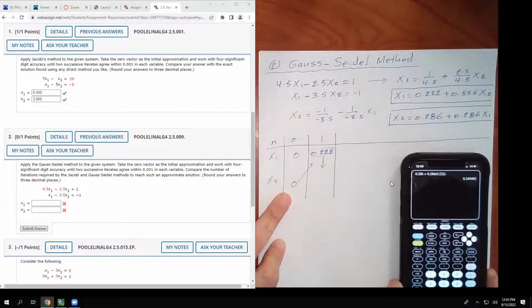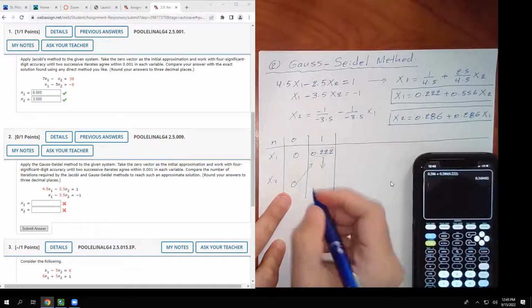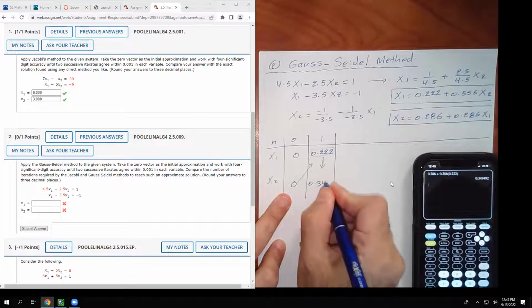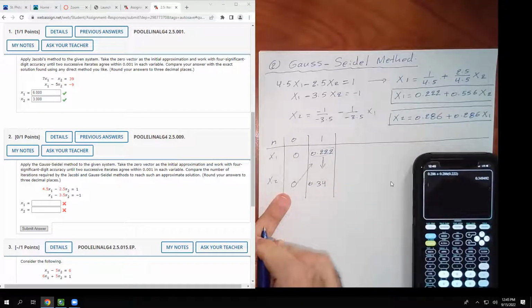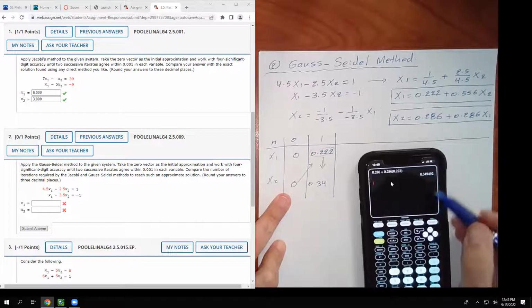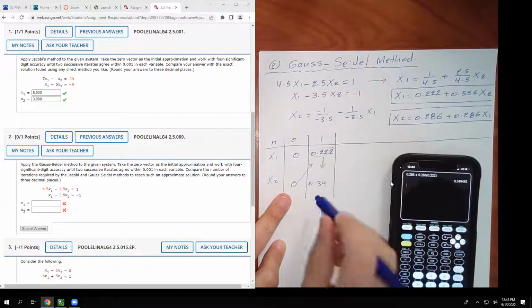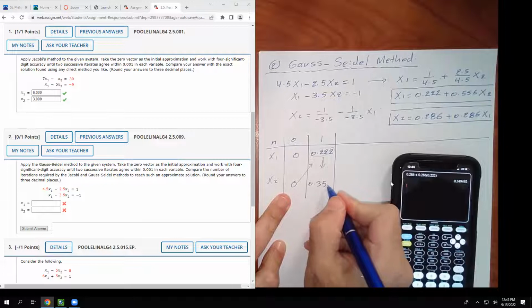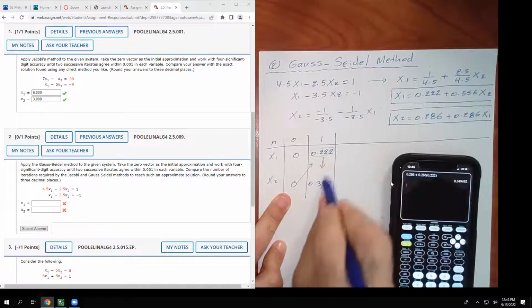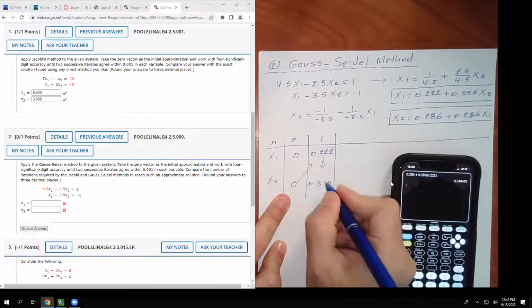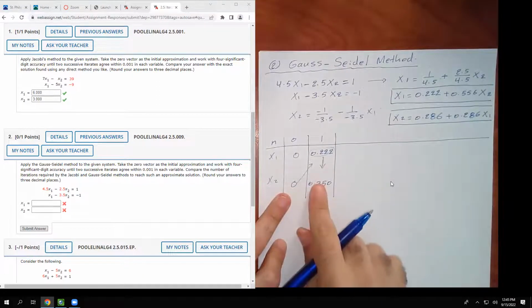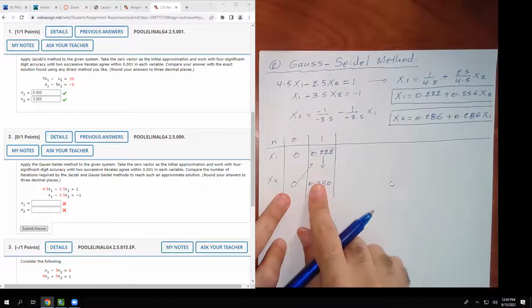The new value for x2 is 0.350. That's the difference between the Gauss-Seidel and Jacobi methods.